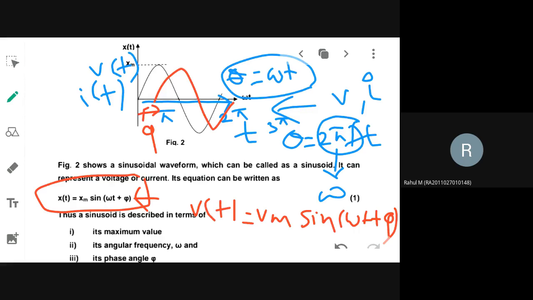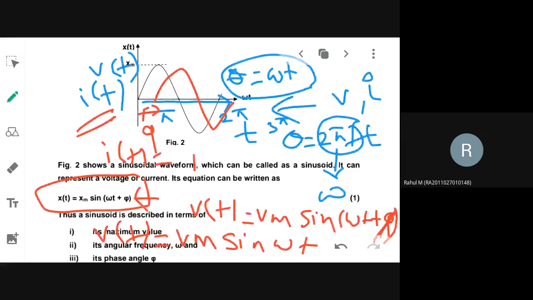If the phase angle is 0, then phi will be 0, so the simple expression will be V of t equal to Vm sine omega t. If you are representing I on the y-axis, then I of t will be Im sine omega t. So this is the general mathematical representation for expressing any sinusoidal quantity. So what is the expression?